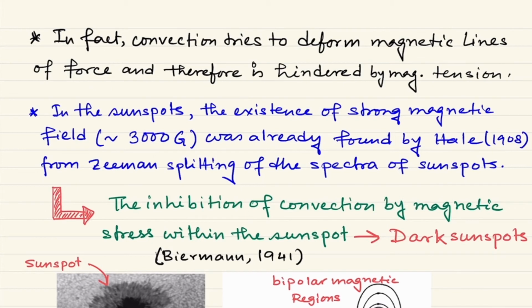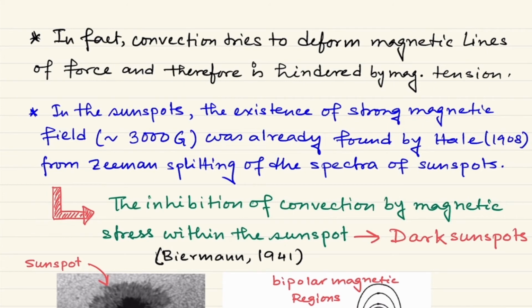So 1 Tesla is 10 to the 4 Gauss, so it simply says that it is nearly 0.3 Tesla. It's very strong, whereas in the solar wind the magnetic field is of the order of nano Tesla. So due to this strong magnetic field, what happens?